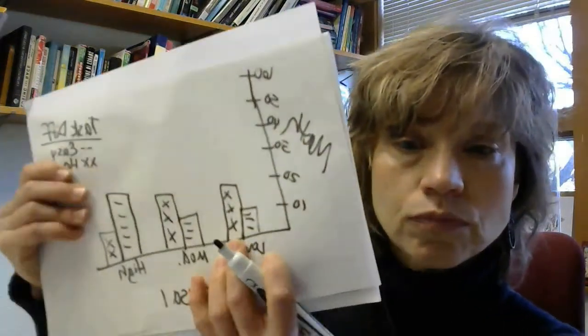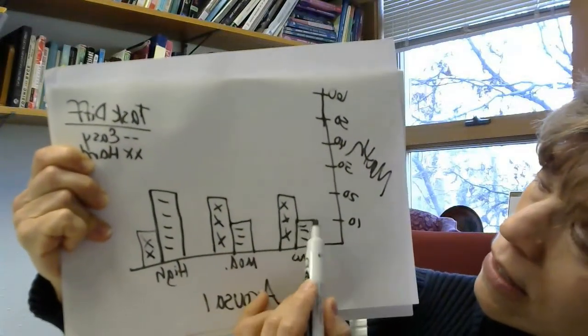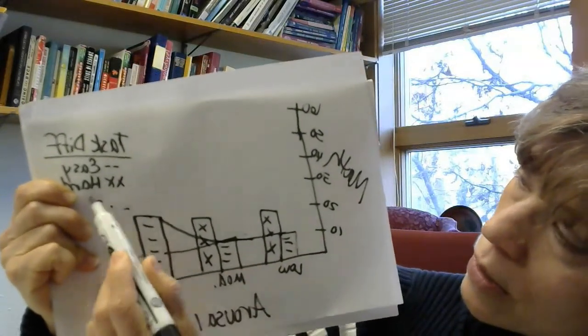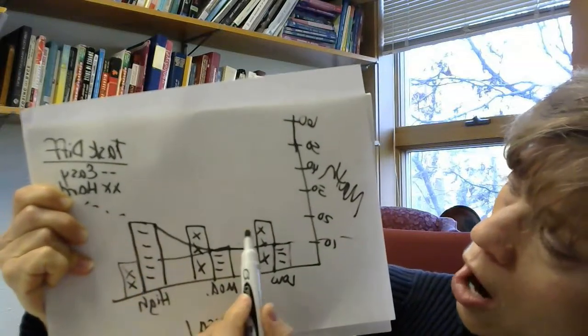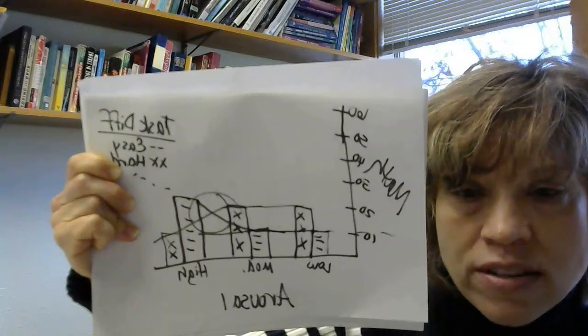Low hard is going to be 20. Moderate hard is going to be 20. And high hard is going to be 10. So when you look here now and we connect for the easy, it's here, here, and here. So we want to keep that flat. And when we connect for hard, we're going to go hard, hard, hard. So again, you see that there's a line that crosses.